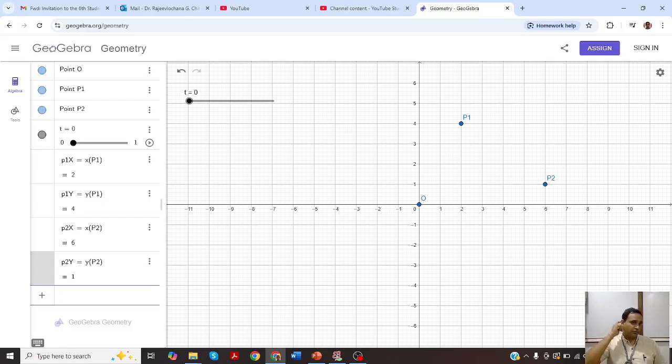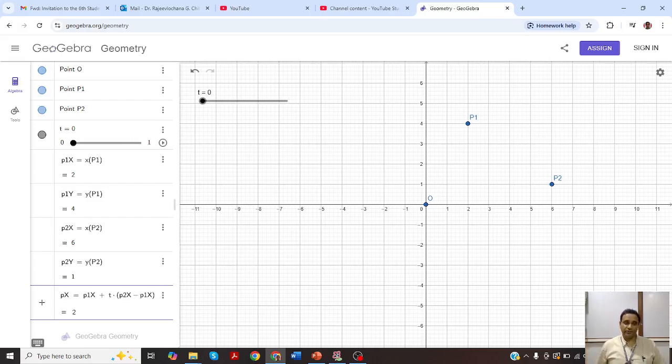Okay. So now we want to create that vector as I mentioned. So px is equal to p1x plus t, a scalar, into p2x minus p1x. See, we are trying to do this component by component. Vector wise also we can do, or x component separate, y component separate.